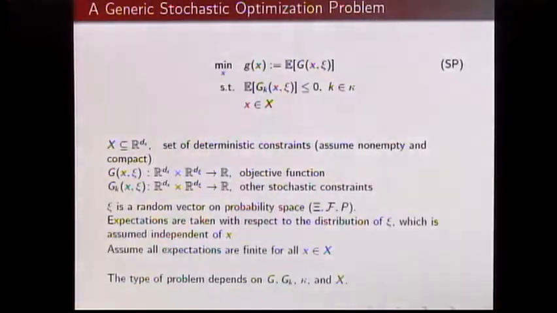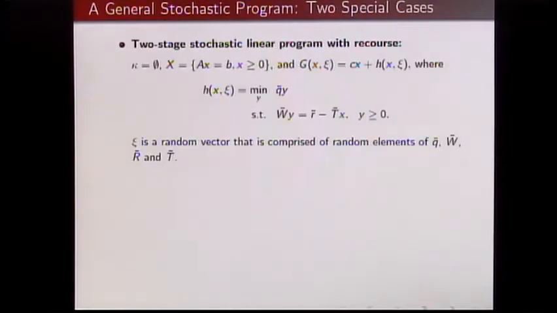So the objective function, right? I'm trying to minimize some expected function. Again, this could be an indicator, so minimize probability. It's a little bit more general. These could be chance constraints, value at risk, expected value, conditional value at risk, and so on and so forth. So the type of problem will depend on the X, how many stochastic constraints I have, what type of constraints I have, and so on.